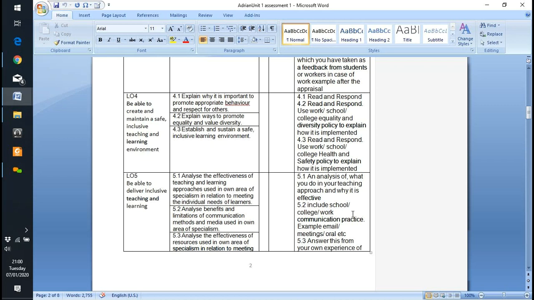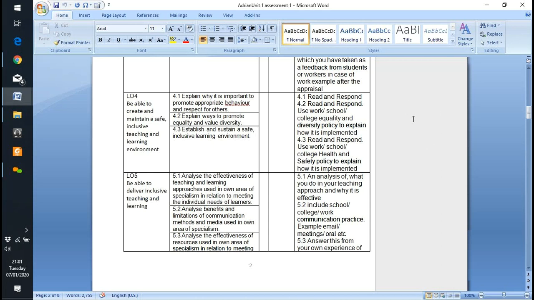So if you can find out in your school who has that responsibility, they will be of use to you right the way through this course. I think a lot of it's actually available on our website, and there will be stuff on the website that you can print off and use.